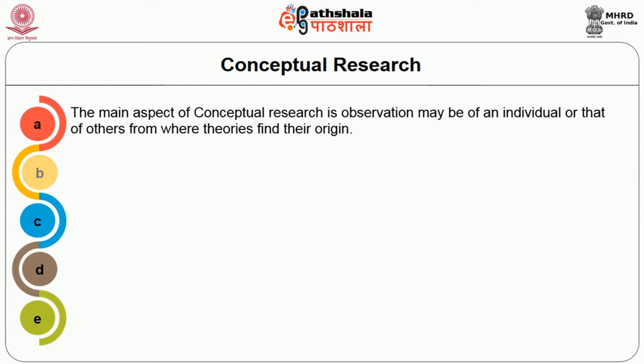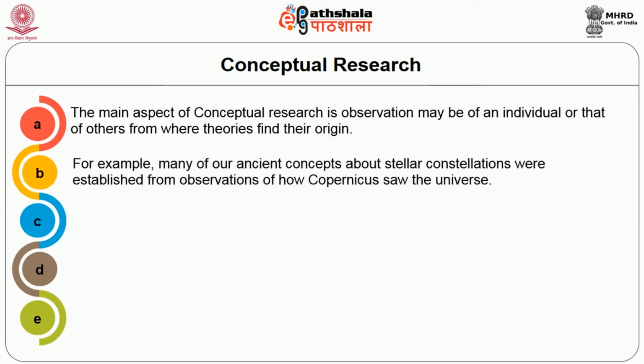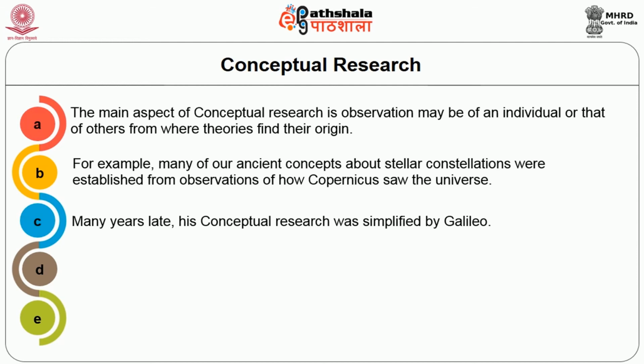For example, many of our ancient concepts about stellar constellations were established from observations of how Copernicus saw the universe. Many years later, his conceptual research was simplified by Galileo.